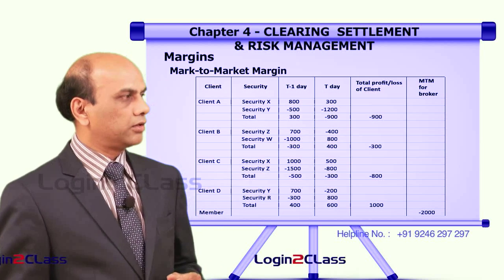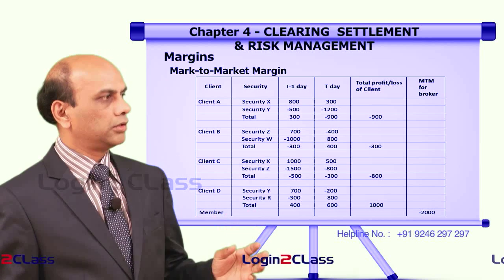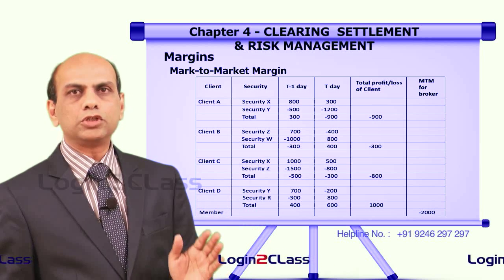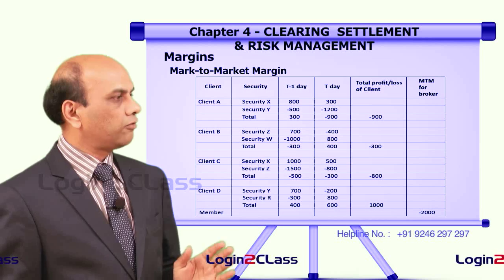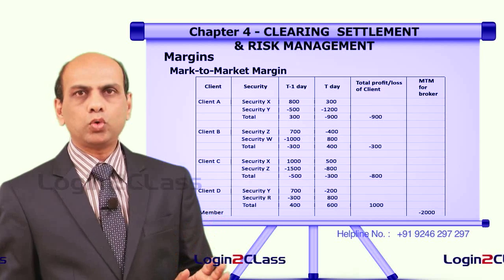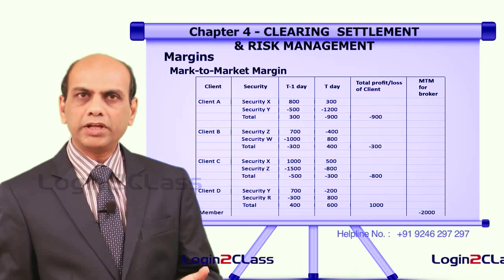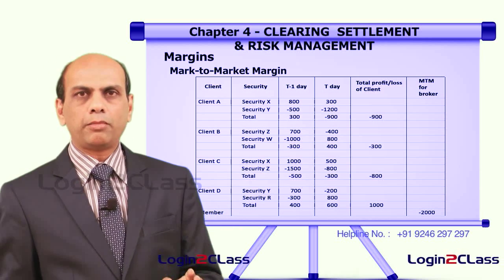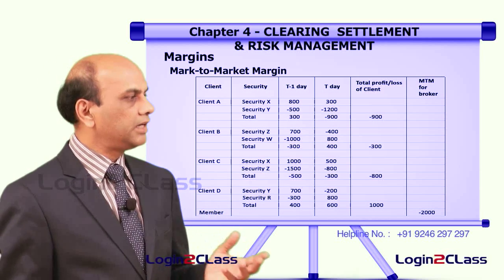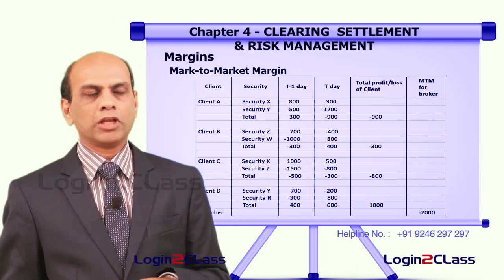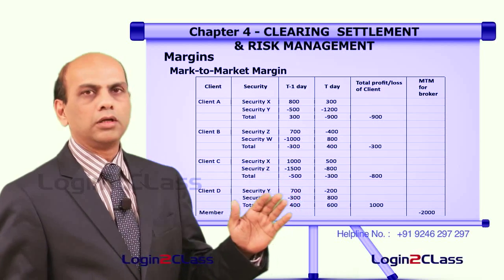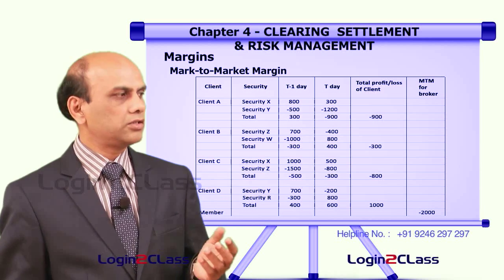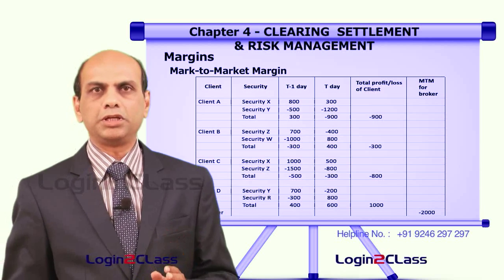Now what is happening? If you see the total statement, for client A there is a MTM for 2 days which totals to 900, and for client B the MTM totals to 300 for the 2 days, and for client C the MTM totals to minus 800. For client D there is no MTM. So if I take the total MTM that has to be paid by the trading member to the exchange, it is 2000 rupees.